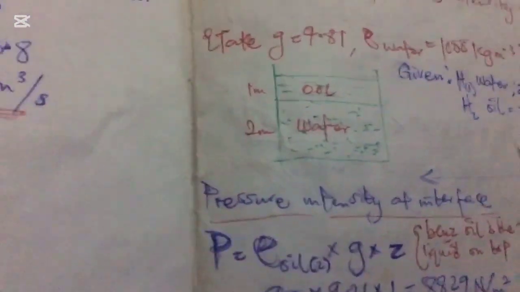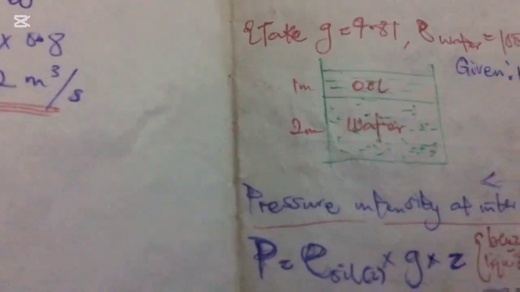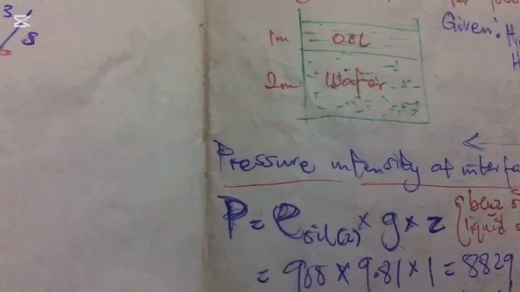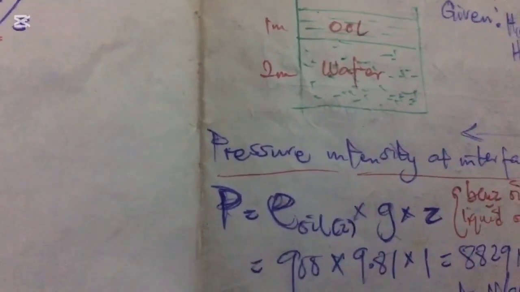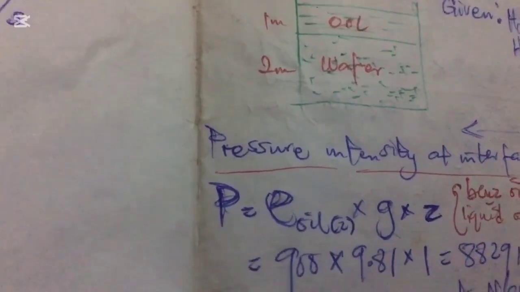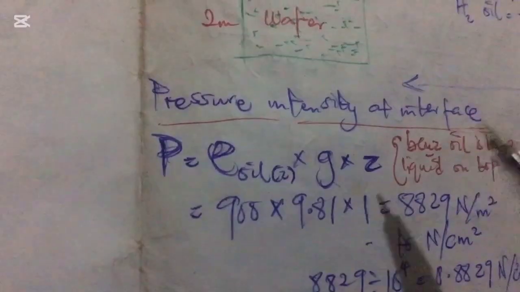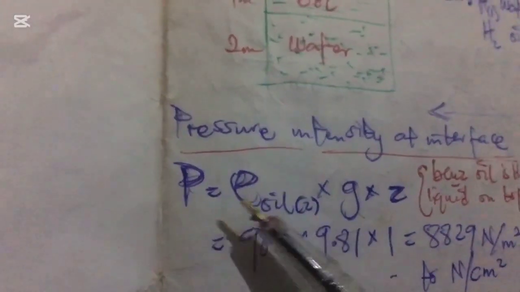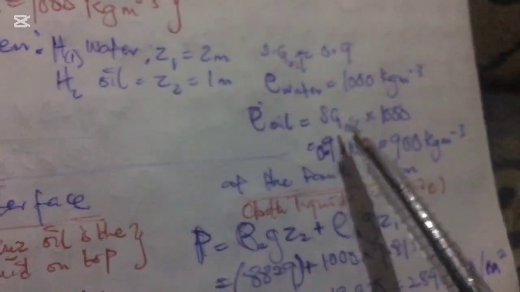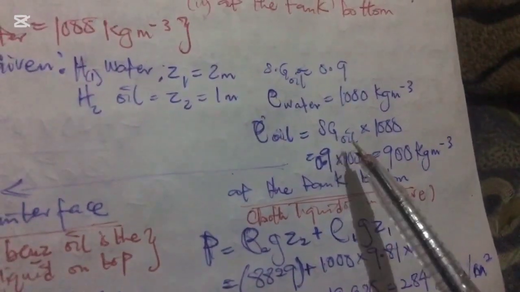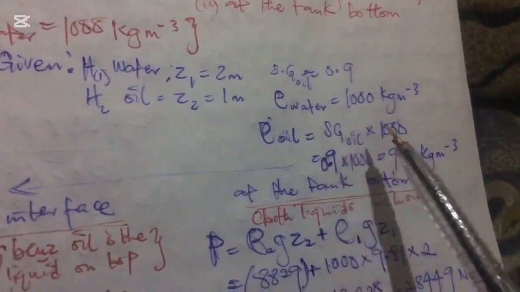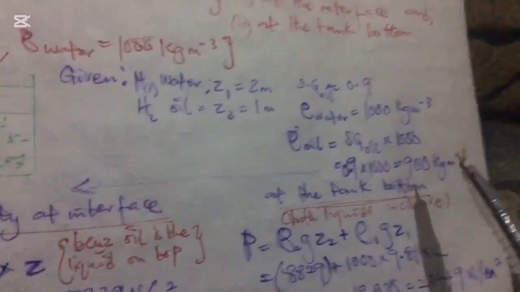After that, when you are calculating the pressure intensity, the formula that you are going to be using is rho GZ. So that rho GZ, what was it? It will be the density multiplied by gravity multiplied by the height. So for pressure intensity at the interface, the density of oil, remember we calculated for it the other time, is equals to specific gravity of that oil that was given us in the equation, then multiplied by 1000 is a constant.